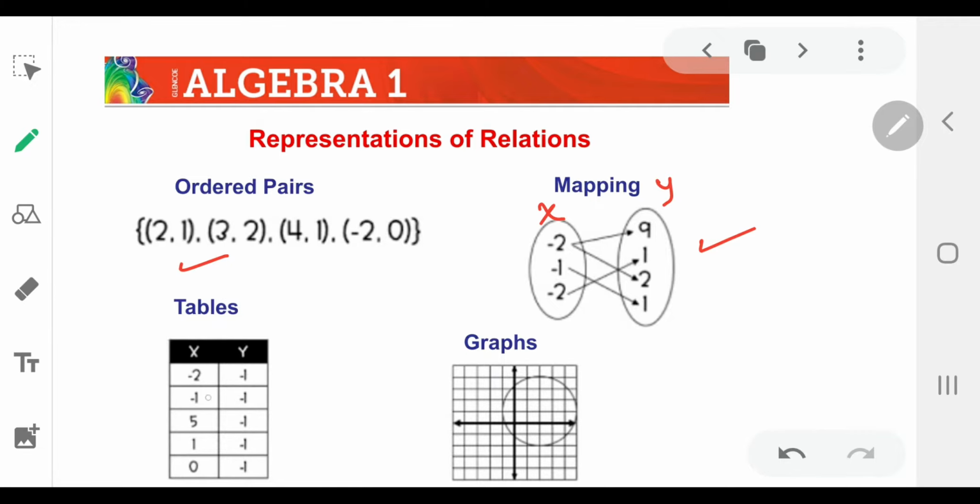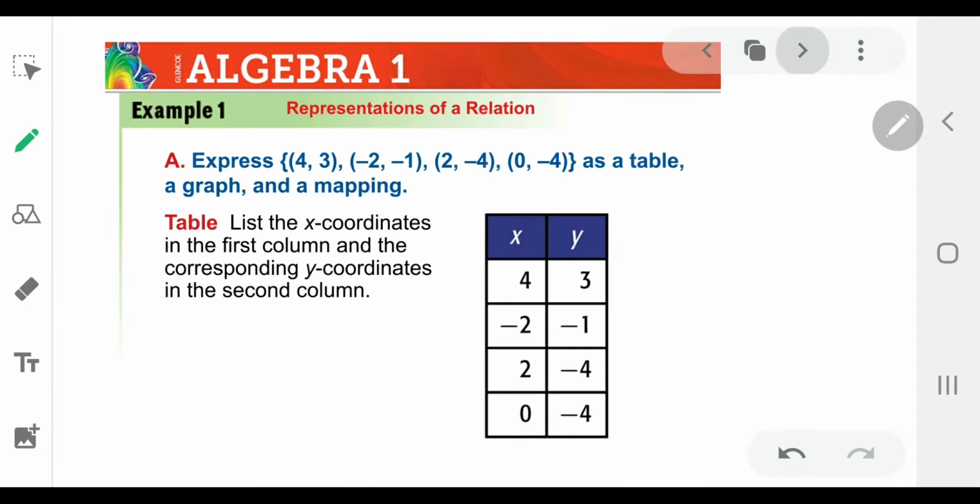The first column represents the x values, the domain, and the other column represents the y values, which are the range. And the last kind of representation of relations is using graphs, graphing or plotting the points on the coordinate plane, using the x-axis and the y-axis, of course.